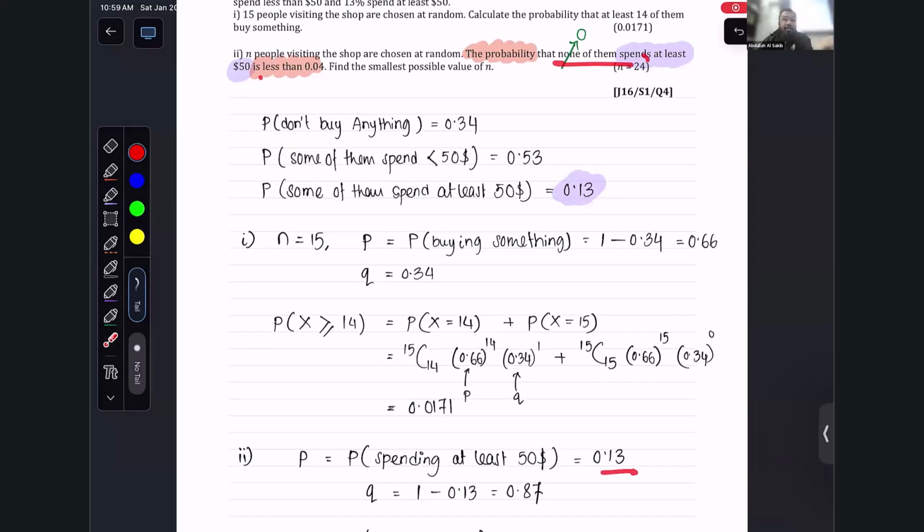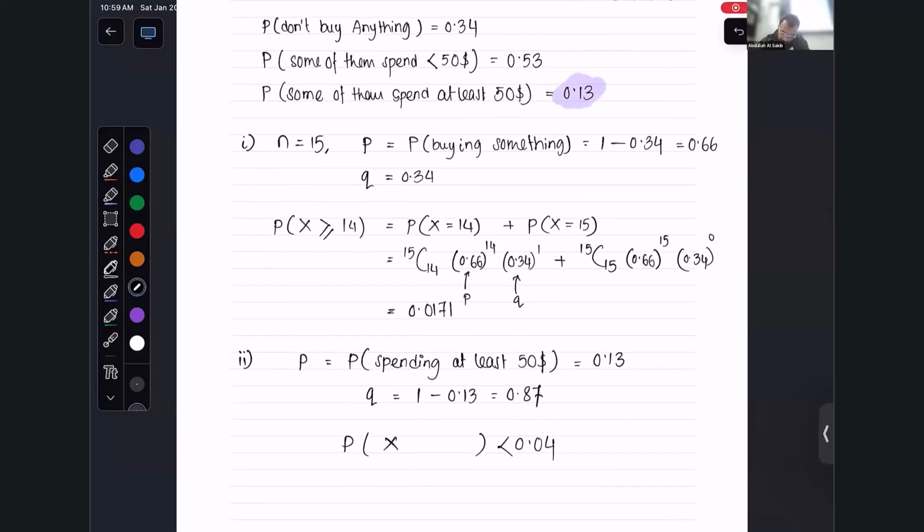X equal to 0. So the probability of X equal to 0 is less than 0.04. None of them means 0 of them, so X is 0. Do you understand?